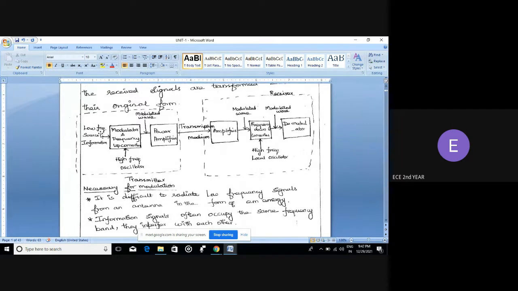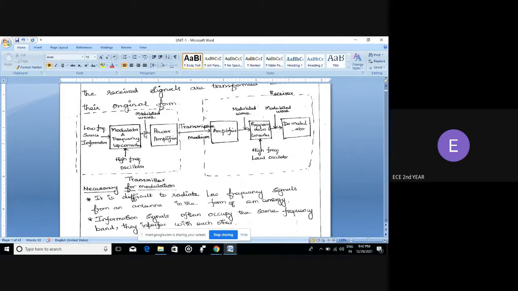When we transfer this information to the transmission medium, it will be amplified once, and the information signal is combined with the high frequency carrier wave with the help of the modulator, right? We use the frequency up converter here to increase the frequency of the information, and the output of the modulator, called the modulated wave, is given to the power amplifier.